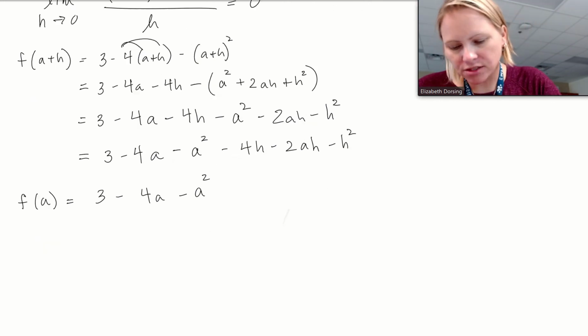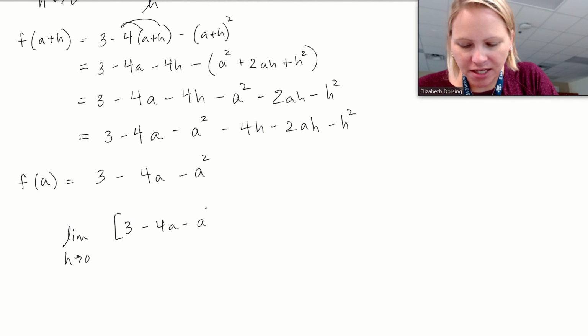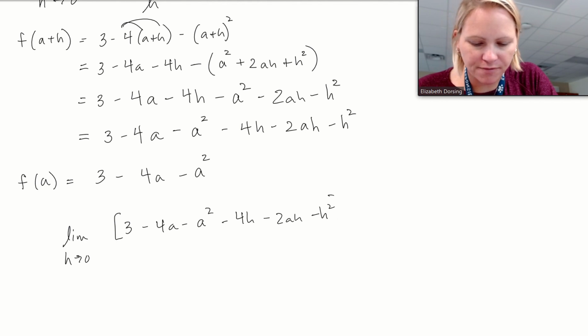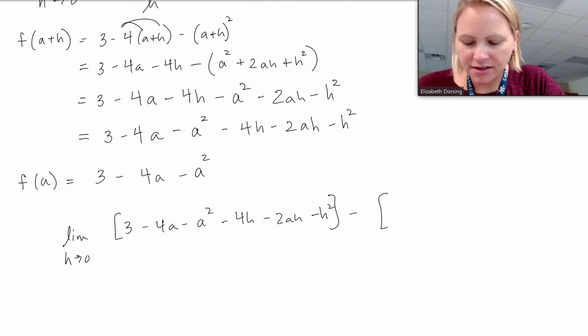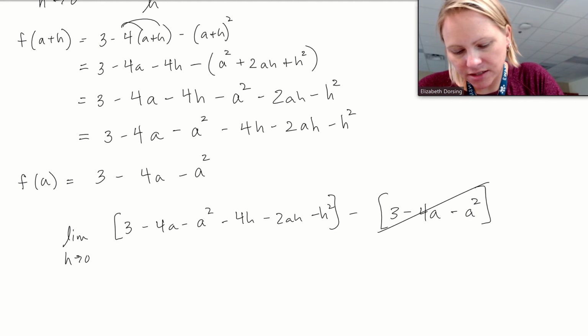So now I'm going to plug it into my limit notation. The limit as h approaches 0, f of a plus h is this ginormous thing, 3 minus 4a minus a squared minus 4h minus 2ah minus h squared, minus f of a, 3 minus 4a minus a squared. Well, guess what, you guys? All of this is going to go away.